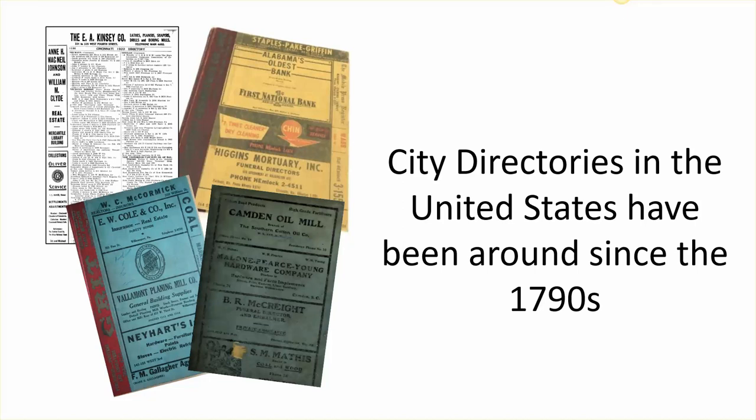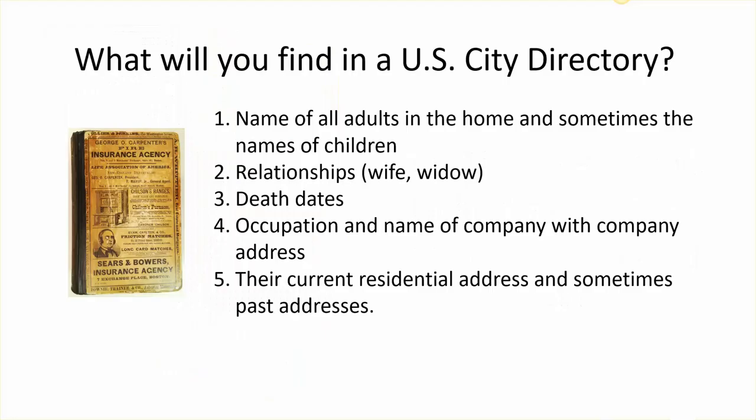Yeah, and you might be surprised at how many rural areas had city directories or township directories, farming directories, or even a county directory of some sort. So just because your ancestor did not live in a big city doesn't mean that you might not find them listed in some sort of directory.